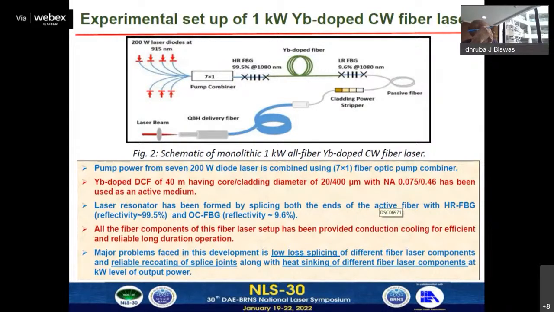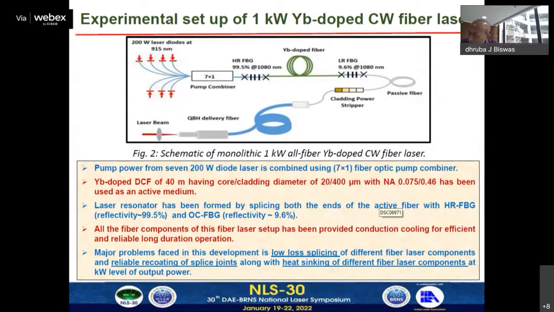The output of the cladding power stripper is connected to the QBH fiber delivery fiber. The major problems in this setup are splicing losses, the recoating of the splice joints, and further the heating and cooling of the different joints of this fiber laser.